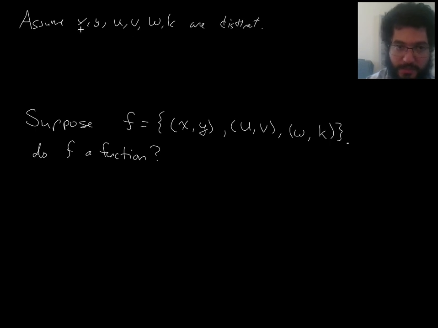Distinct meaning, so this is many assumptions all packaged into one sentence. Distinct means not equal. So x not equal to y, x not equal to u, x not equal to v, and so on. And then y not equal to u, y not equal to v. So I'm putting that assumption there so that when you see different letters here, in this particular context, you can assume that you're looking at unequal things.